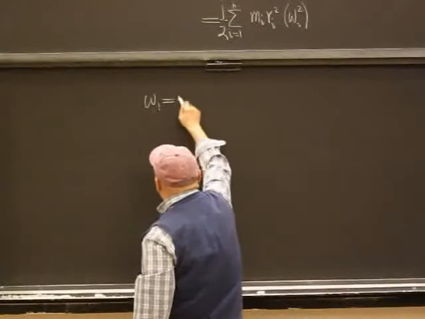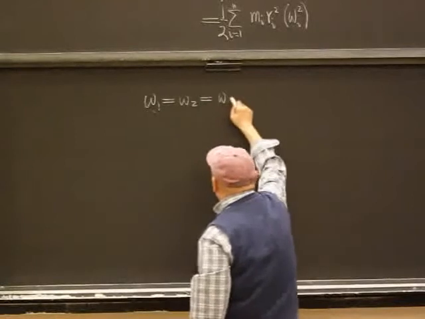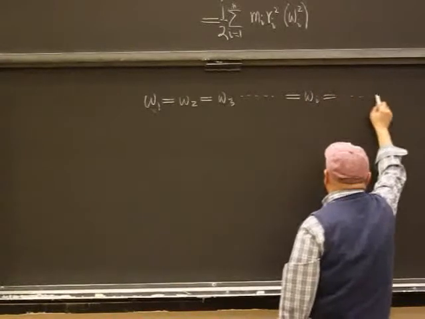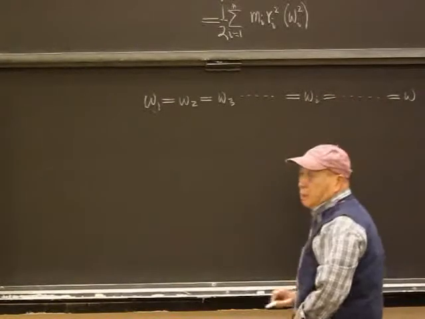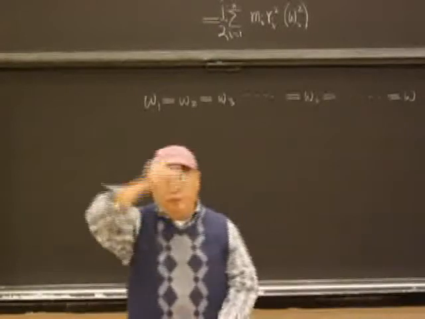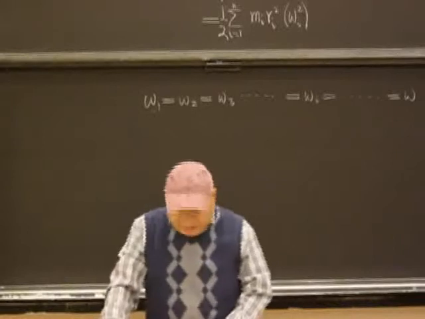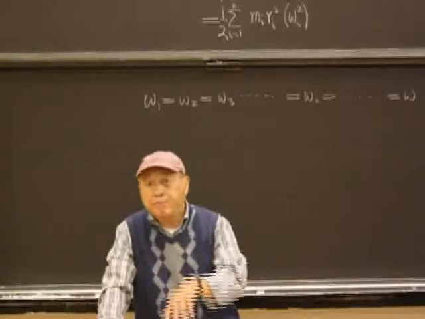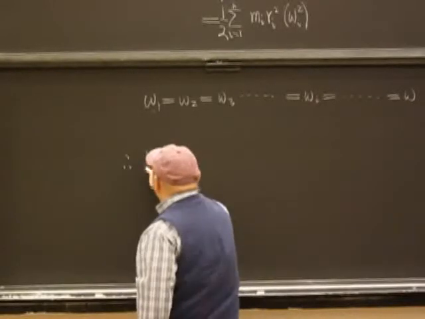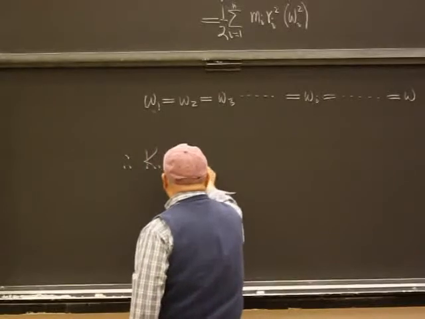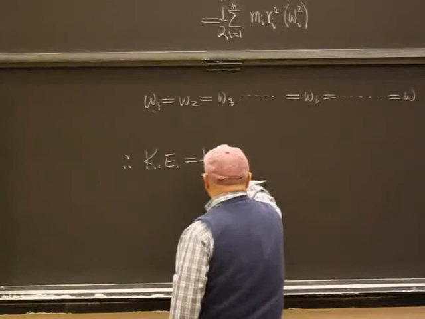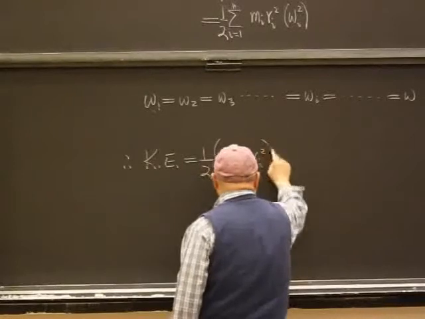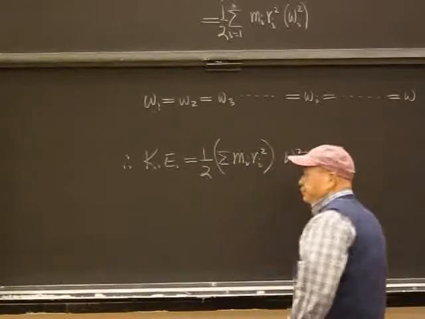So in this case, kinetic energy is equal to 1/2 times the summation of Mi Ri squared, times omega squared.